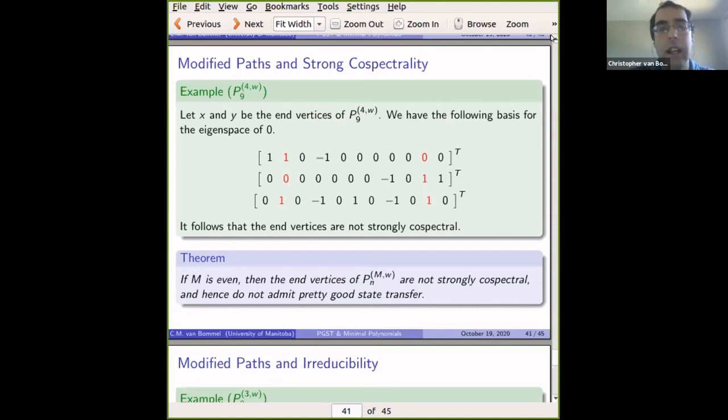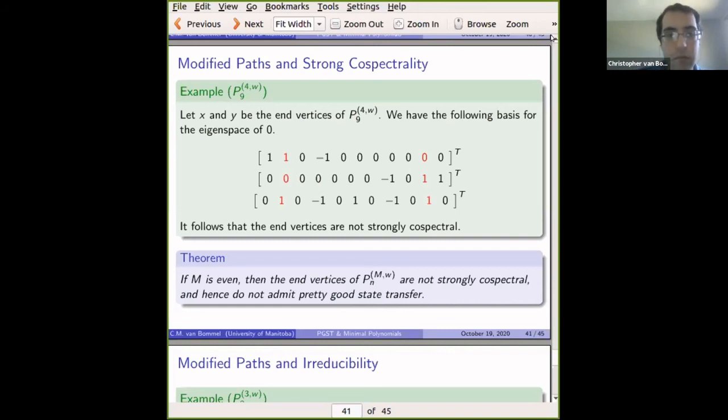And if we look at the eigenspace for the eigenvalue 0, we get these 3 eigenvectors and they don't meet this property where the end vertices, which are actually the second column and second last column, they don't have this property that they're equal or opposite. And so that rules them out of being strongly cospectral.